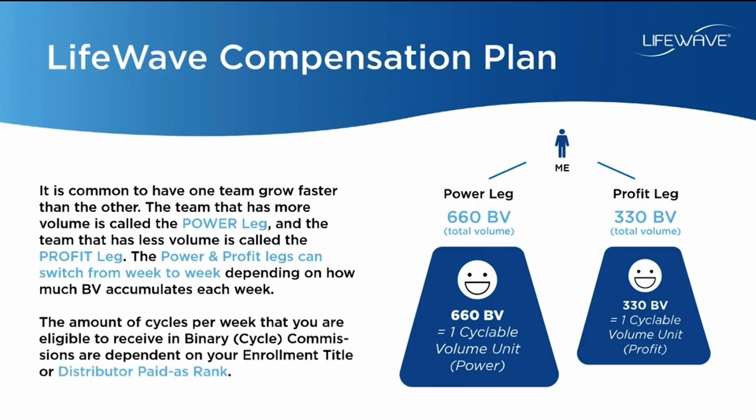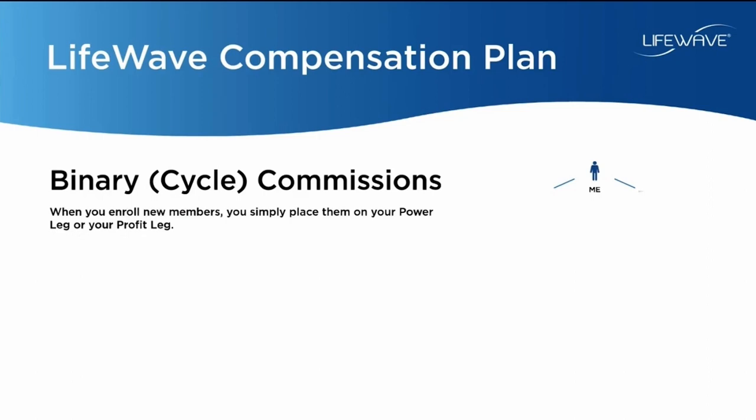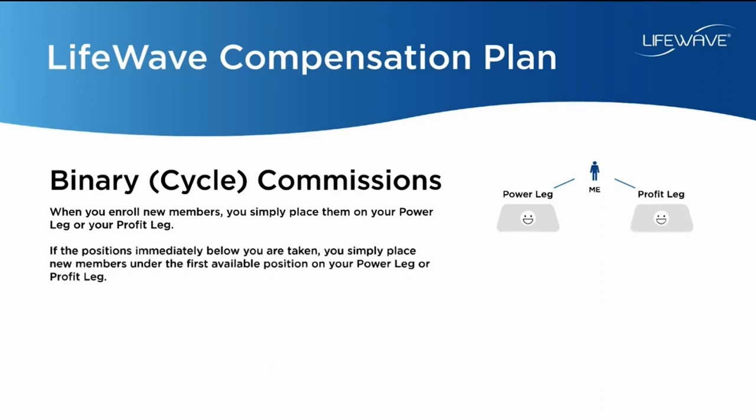The number of cycles per week that you are eligible to receive binary commissions for is dependent on either your enrollment title or your distributor paid as rank. When you enroll new members, you put them on either your power leg or your profit leg. It's as simple as that. The cool thing about a binary plan is that no matter where someone is within your team, you will still get paid on that volume.